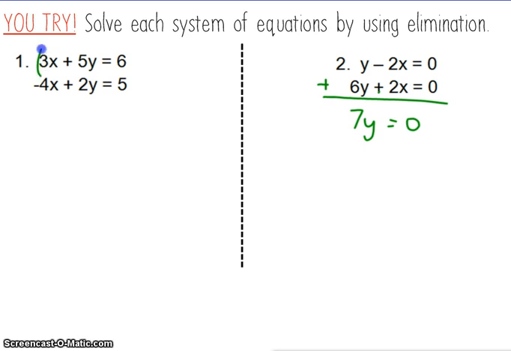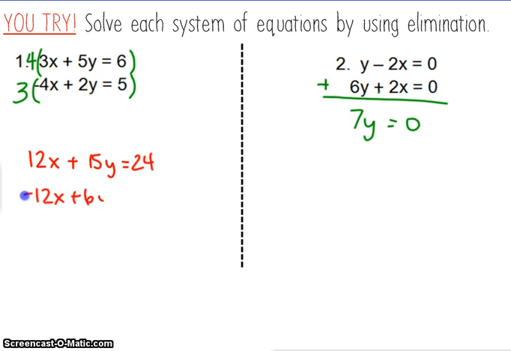For number 1, this is a little bit trickier because we're actually going to need to multiply both equations. I would multiply the top by 4 and the bottom by 3. And here's why. The first equation will result in a 12x plus 15y equals 24. And the second equation will be negative 12x plus 6y equals 15.